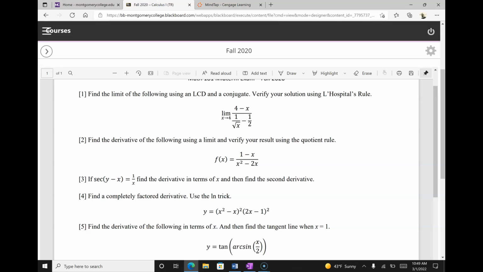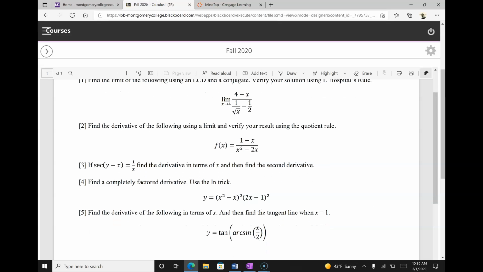Find the limit using L'Hopital's. Two questions. Find the derivative using a limit and verify using a quotient rule. If secant of y minus x is 1 over x, find the derivative in terms of x. This one is that implicit one, right? We did that one today.